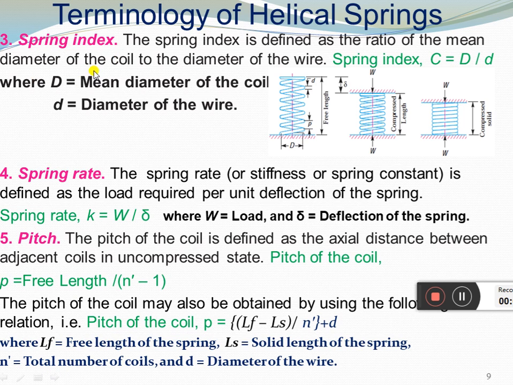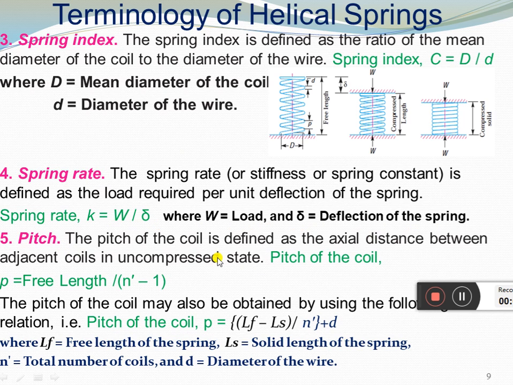And the spring index is C equal to D divided by d. Capital D is mean diameter of the coil, and small d is diameter of the wire. Spring rate K equal to W by del, where W is load and del is deflection of the spring.